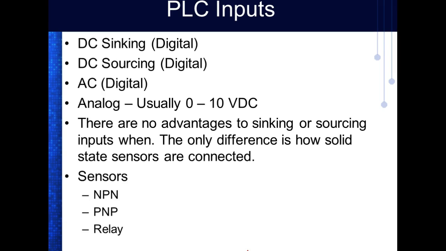Sensors, we have NPN sensors, we have PNP sensors, and we have relay. What's nice about relay sensors is you can run relay DC and AC, right? By the way, we have AC sensors. We have AC sensors, NPN, PNP, and relay. And AC.